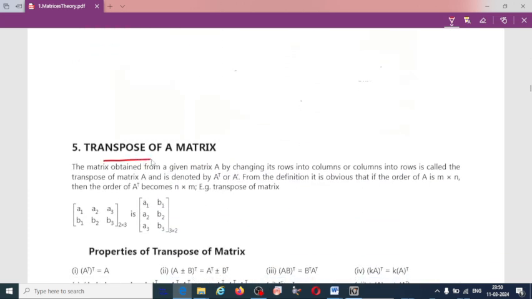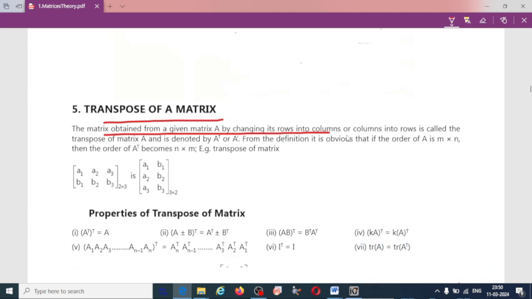So transpose of a matrix. The matrix obtained from a given matrix A by changing its rows into columns is called the transpose of the matrix A, and it is denoted by A superscript T or A prime.